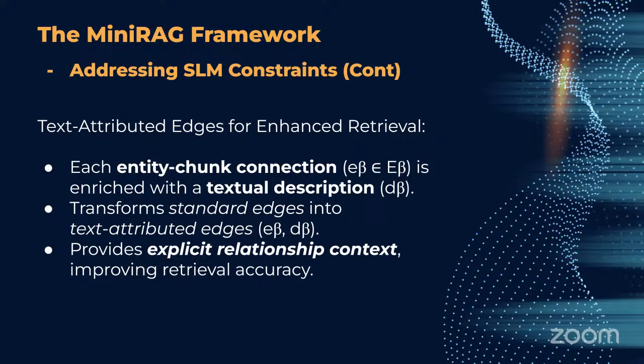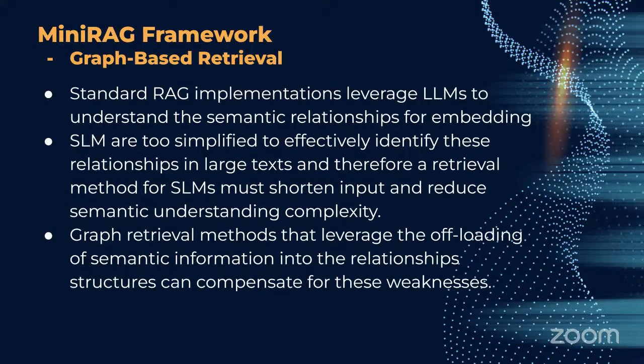So either a description of essentially where or how in the document an entity node is sourced for those entity-chunk connections, and then very explicit relationship contextualization for the entity-entity edges. All of this allows the RAG of MiniRAG to become much more of a graph pattern recognition problem, as opposed to a semantic understanding problem.